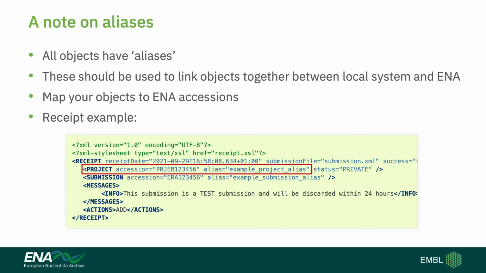Obviously, you don't get an accession until after you've submitted. So by assigning an alias to an object, you will be able to perform this mapping from your own objects to the ENA accessions, and hopefully this will become clearer when we do some examples in the following workshop.